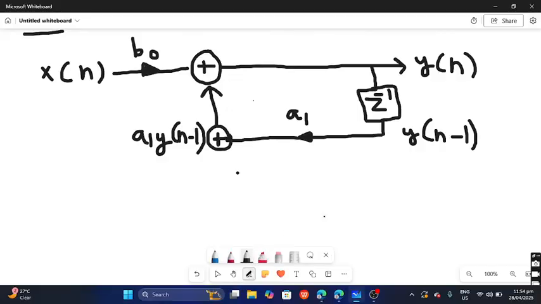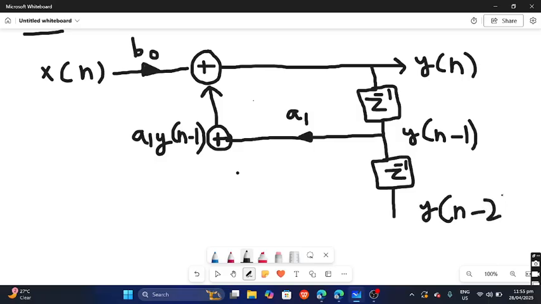Now we have to do similar for y of n minus 2. Again add a delay, it will be z minus 1, not minus 2. So it will become y of n minus 2, and it is getting multiplied with a2.